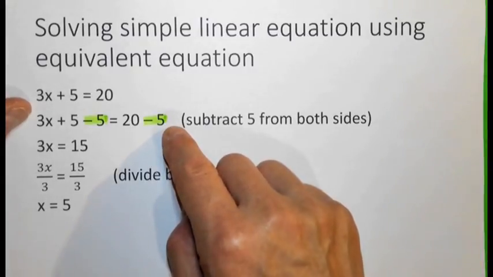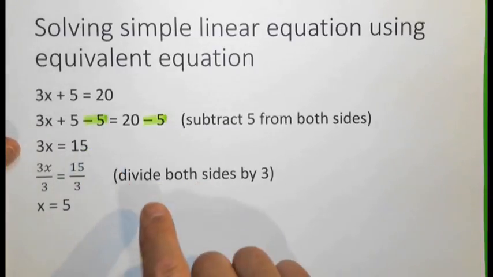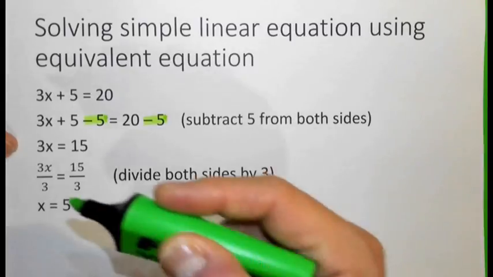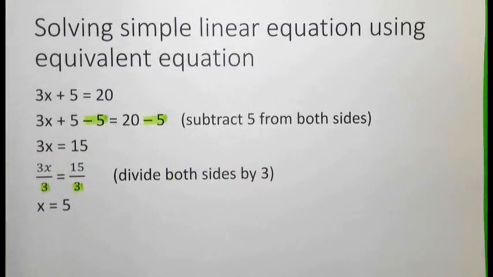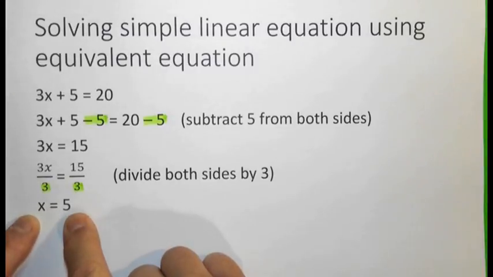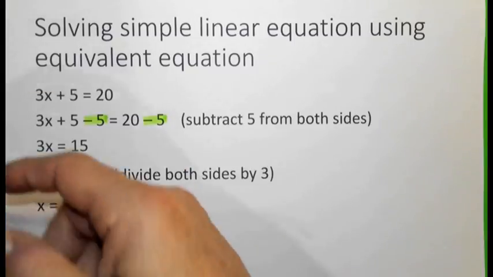From there, we get the equivalent equation 3x equals 15. Then, we divide both sides by 3, and we can work out that x equals 5. So this is one way of using equivalent equations to solve a linear equation.